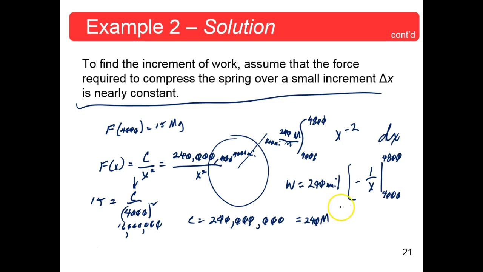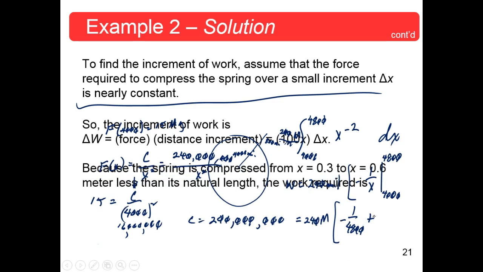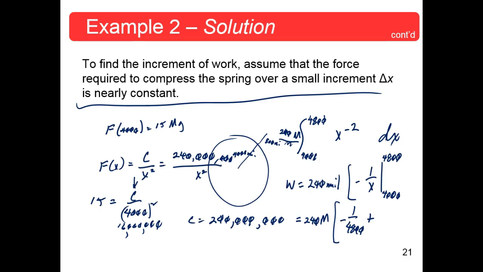Okay. And this will be minus 1 over 4,800 plus, minus a minus, which is a plus, 1 over 4,000. Now, I could do that, least common denominator, all that stuff.